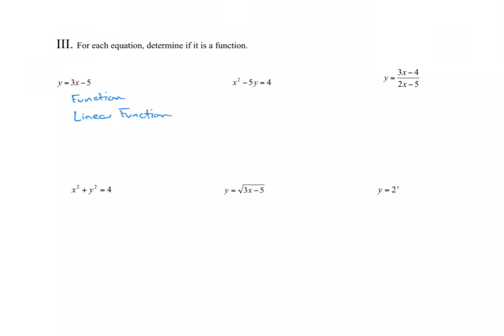All right, if we look at the next one, x squared minus 5y equals 4. This is a function. We will be studying these later this semester. We actually call this a quadratic function.